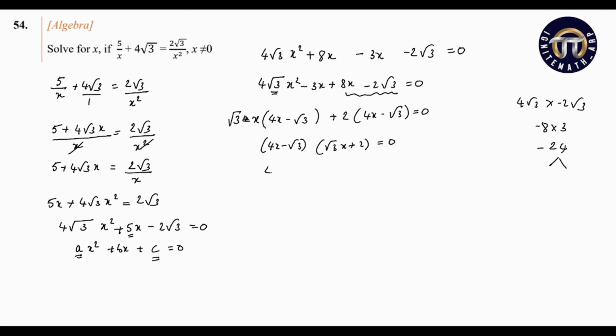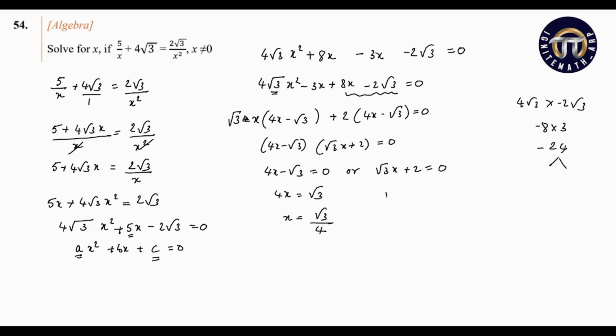Applying the zero product rule, 4x − √3 = 0, or √3x + 2 = 0. So here I can write 4x = √3, so x = √3/4 is one of the values of x.